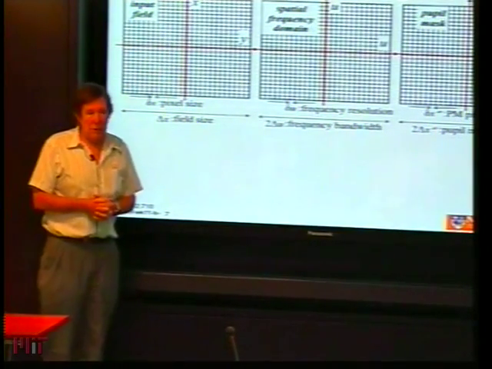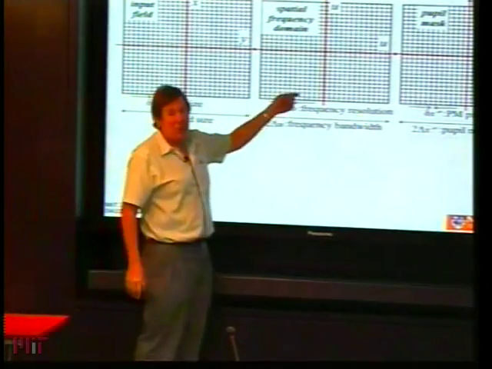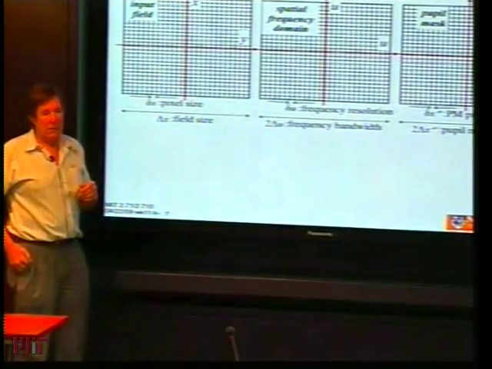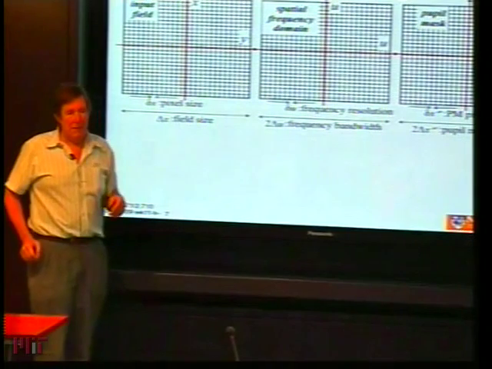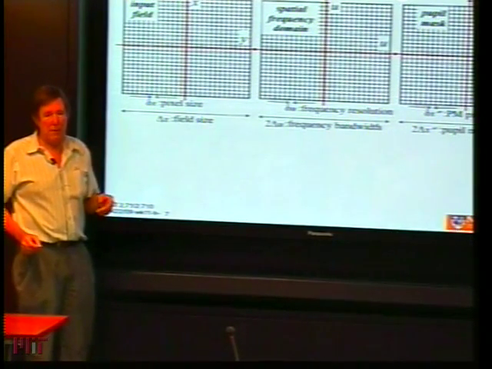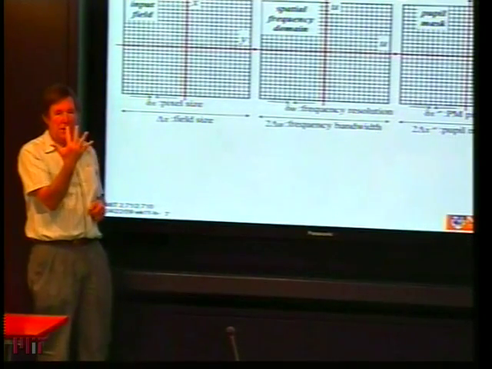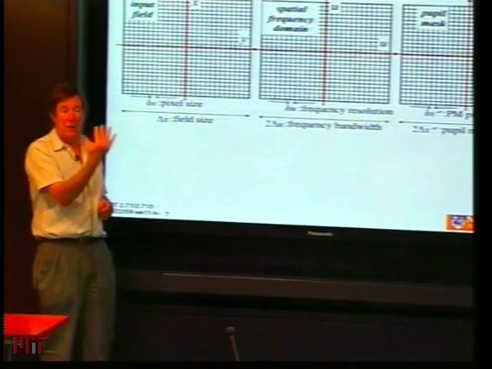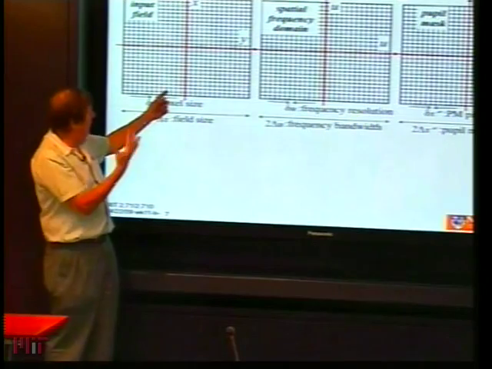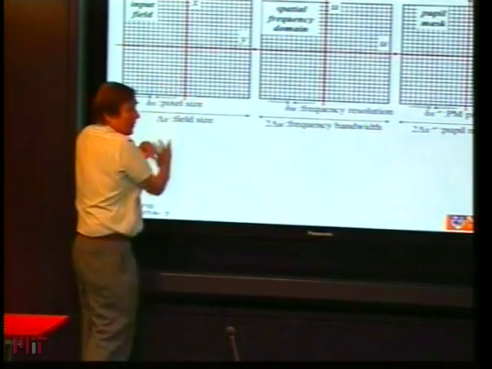Right. And the product of those, if you do the Fourier transform of that, you'll get something which is very similar. Again, an array of spikes. If you look in the standard books on Fourier transforms, like Bracewell, he calls this a comb function, and the Fourier transform of a comb function is another comb function, right? So this is a comb array of delta functions multiplied by a rectangle.